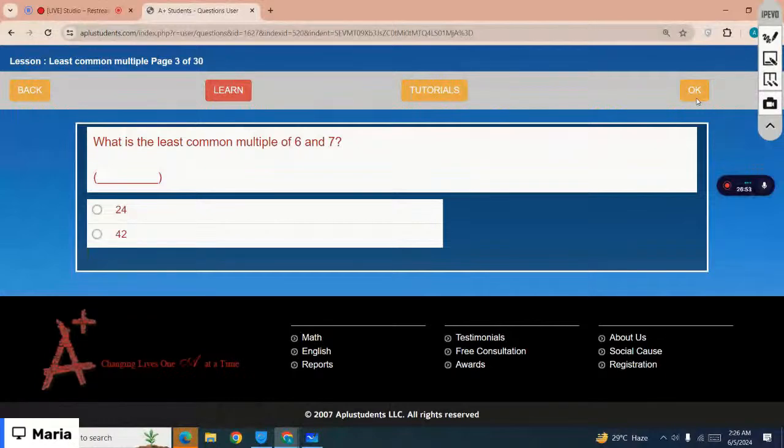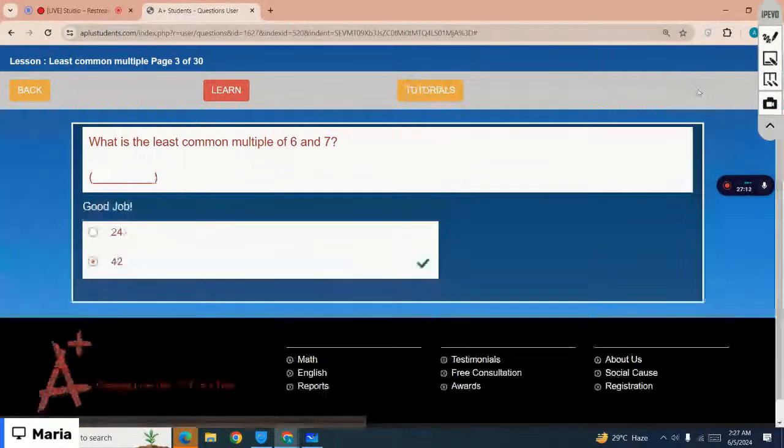Which is the correct option? That is 6 times 6 and 7. So the correct option is 42. Option number 2 is the correct option.